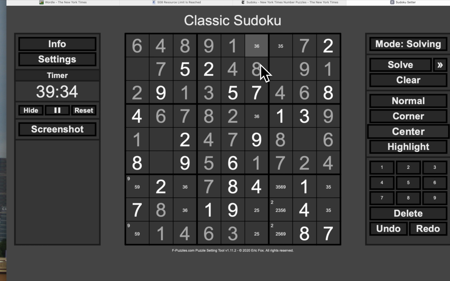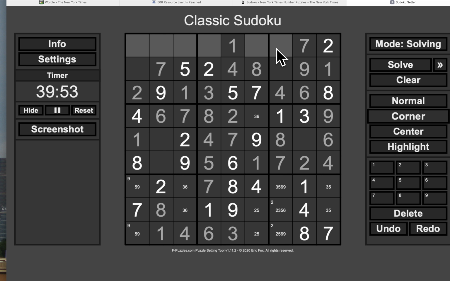Yeah, is that a wrong spot? Let's see. These are 3, 4, 5, 6, 8, 9.